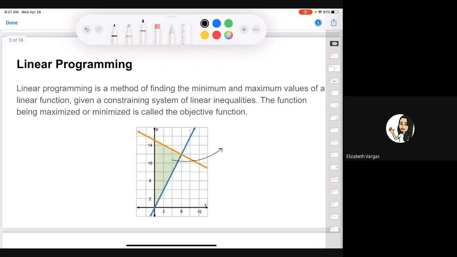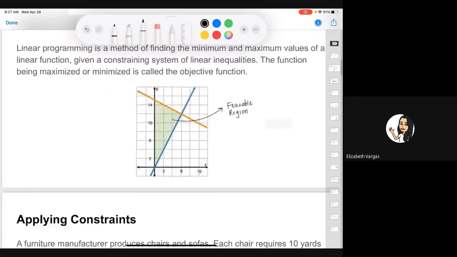In this instance, this green part would be considered our feasible region. It is feasible because these are values that we can insert into our equations to make all of them true. So feasible just means possible regions that would make all of our constraints true.